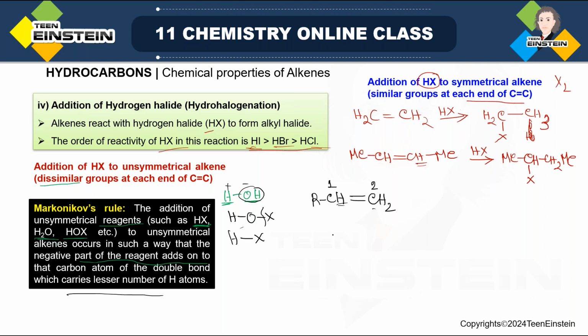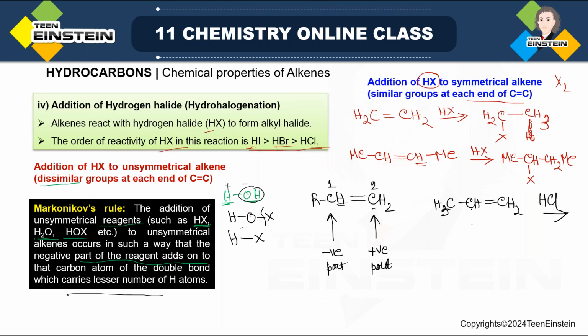Now the negative part of the reagent will be added towards this carbon, and the positive part of the reagent will be added to the carbon which is carrying a higher number of hydrogen. Okay, so now if we take an actual example, CH3 CH double bond CH2, and suppose you are adding HCl, what will happen?